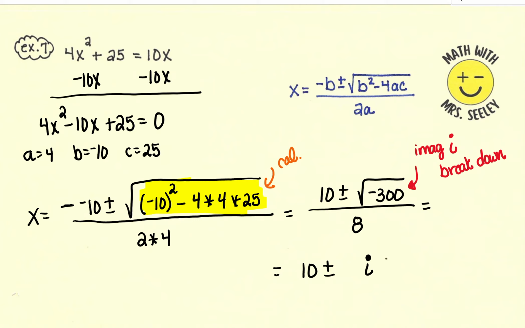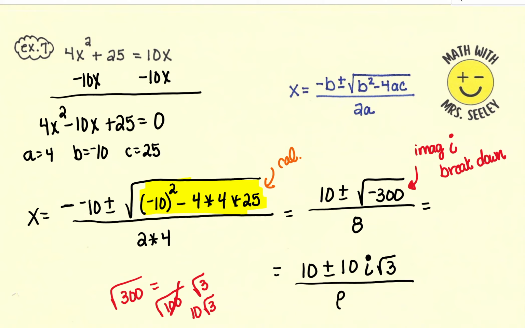Now, the square root of 300, if I come over here, I know there is a perfect square in there. That could be rewritten as 100 times 3. And the square root of 100 is perfect 10. So that crosses out, and just bring that down. And you get 10 square root of 3 all over 8.